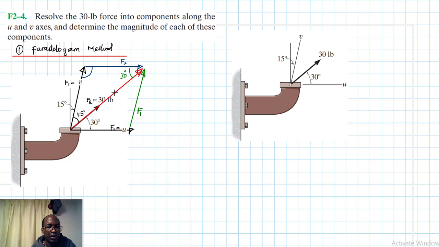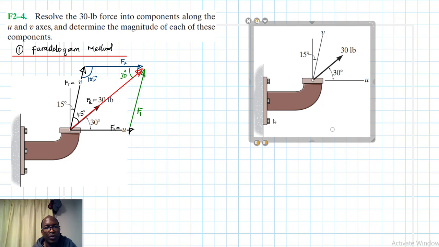So that angle there is equal to 180 minus 45 minus 30, which is equal to 105. Is that fine? So I think we have everything that we can work with.